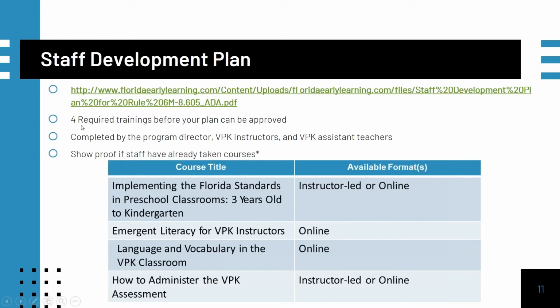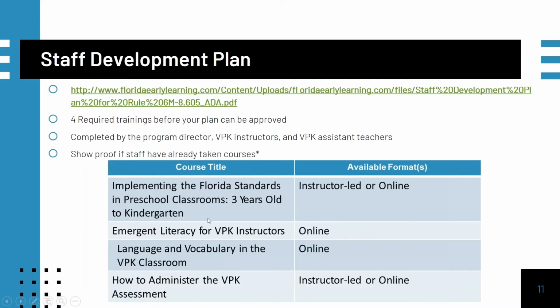You are required to complete 4 trainings before your plan can be approved. It is important to note that not only the VPK instructors, but also the program director and VPK assistant teachers need to complete these 4 courses. You have to show proof that the staff have already taken these courses. That would mean sending your transcripts to your provider relations specialist.